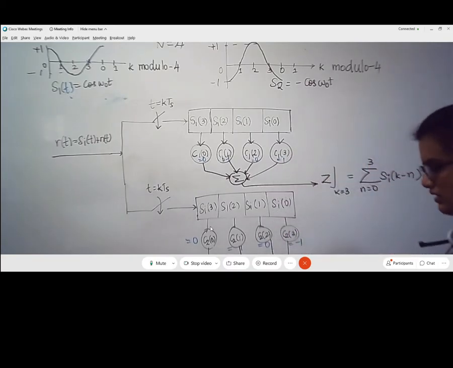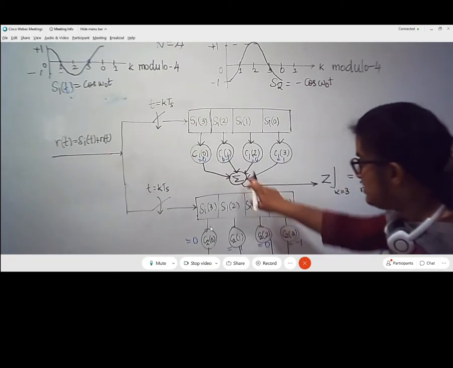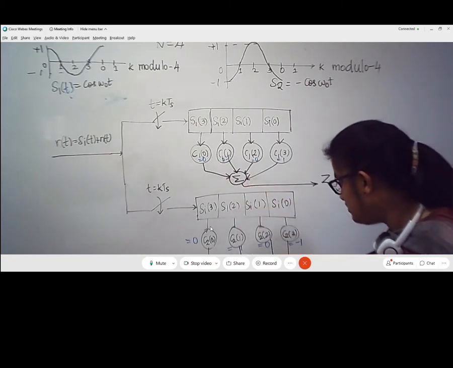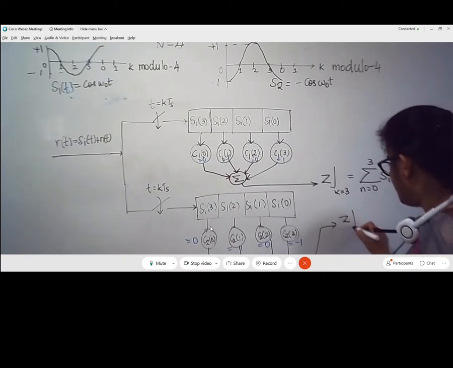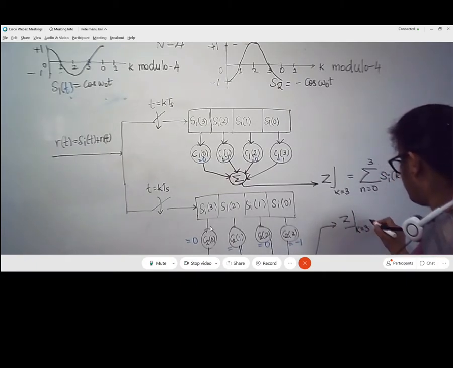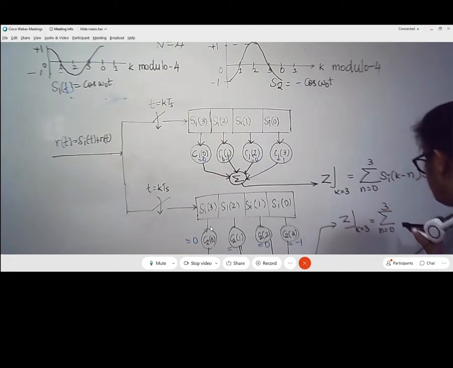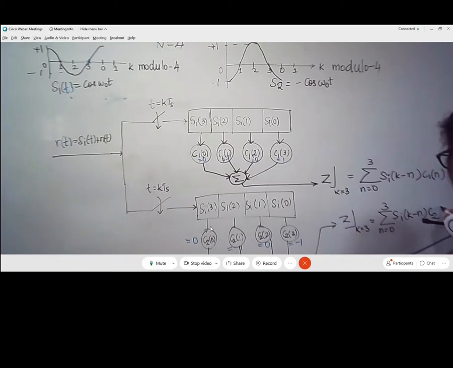The same structure you can write over here. I will write the equation at the top: Z at time instance k equal to 3 will be equal to summation n running from 0 to 3 of Si of k minus n into C2 of n. We are going to compare it with the weight C2 of n.